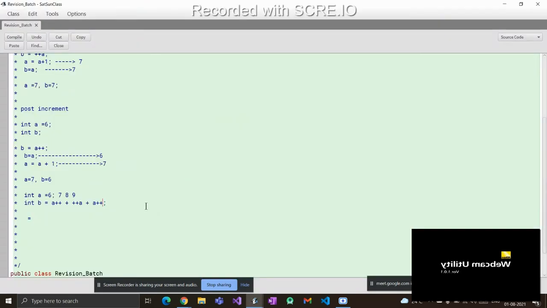Let's say I have an expression of plus A plus A plus A plus plus. Will your trick work for this? Yes, sir, it will work. Okay, so according to your trick, what is the value for this? Can you find it?